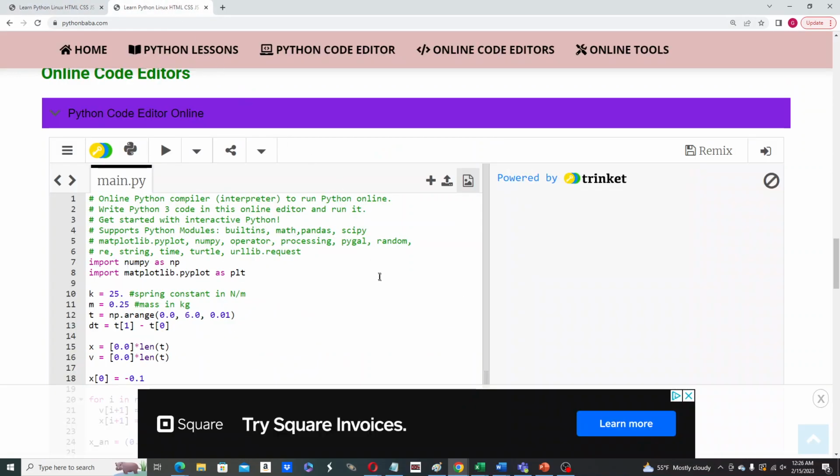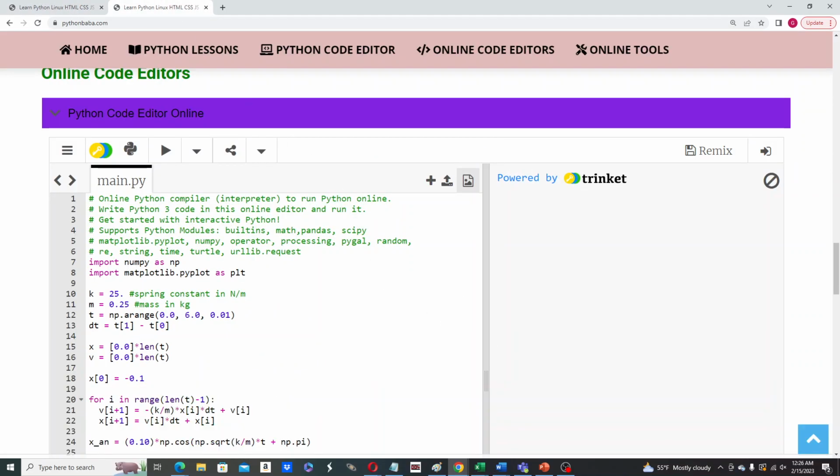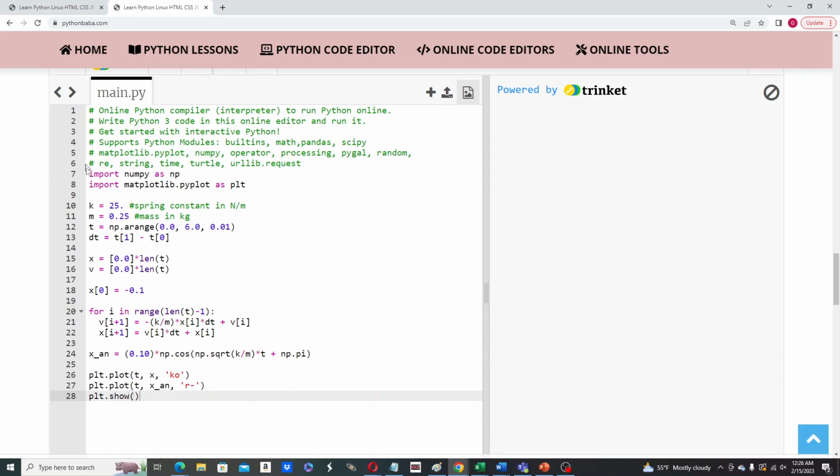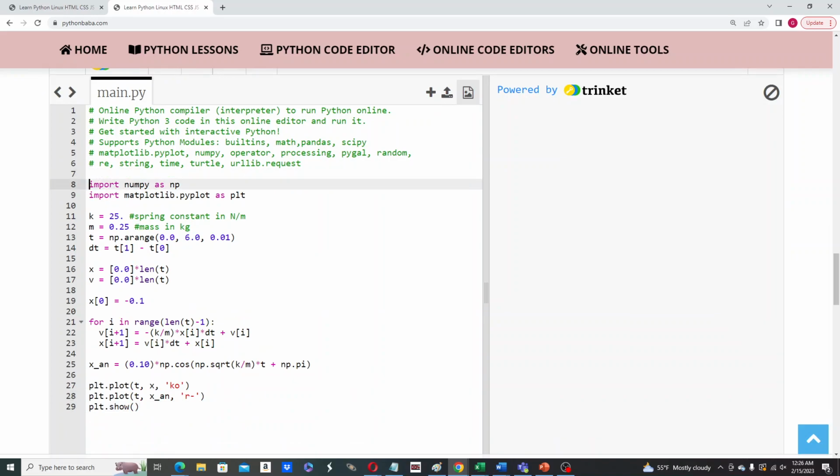So my code, once again, I'm importing numpy as np and importing matplotlib.pyplot as plt. I'm defining my constants k and m. Now, I haven't commented through on this code, but we can see what's happening, right?